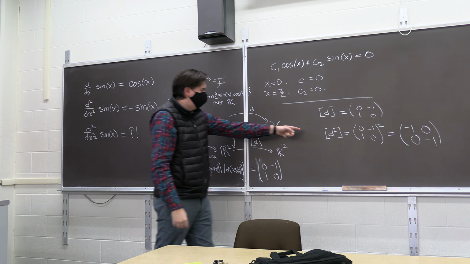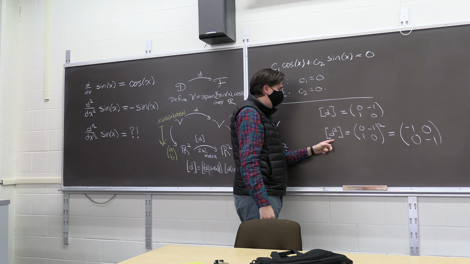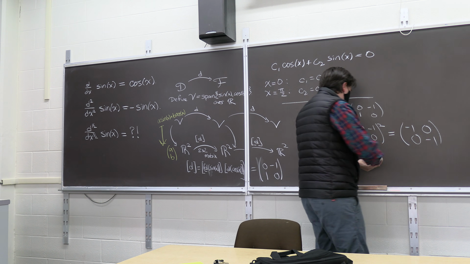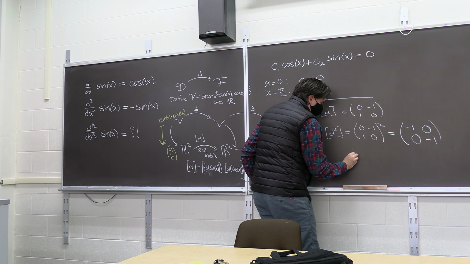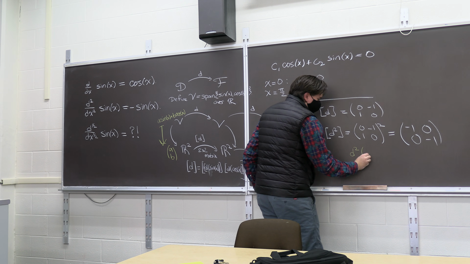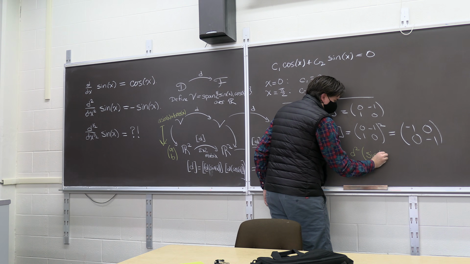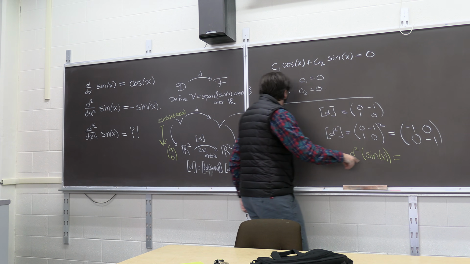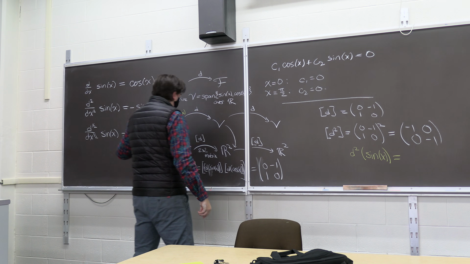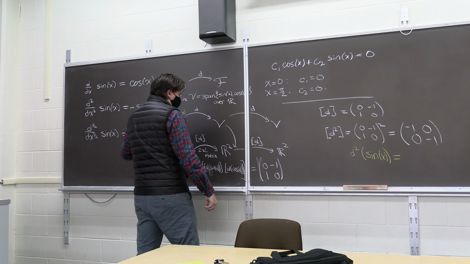So what would d squared do to something like, a little example of this, d squared of sine of x? That was this example we did right here. It should be negative sine.